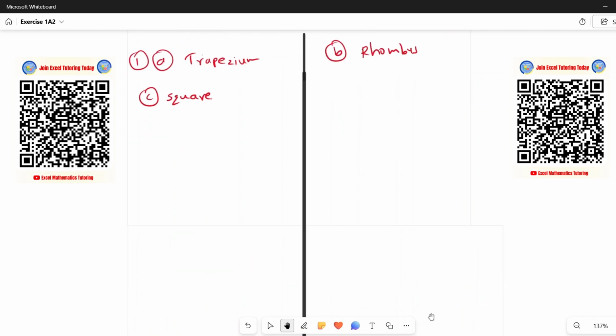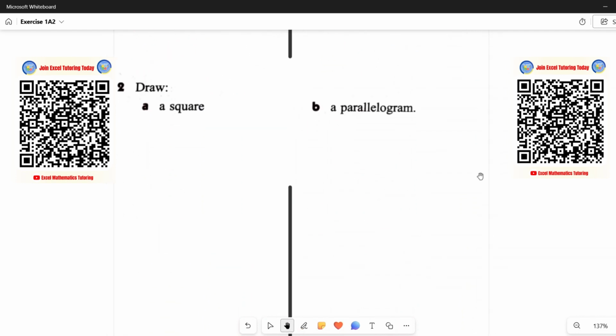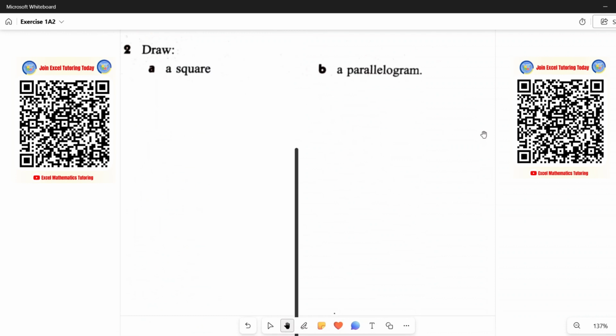Moving to the next question, the second question. Here we only need to draw these quadrilaterals. First they are asking to draw a square. Everyone knows a square has four sides of equal length and every angle is 90 degrees.